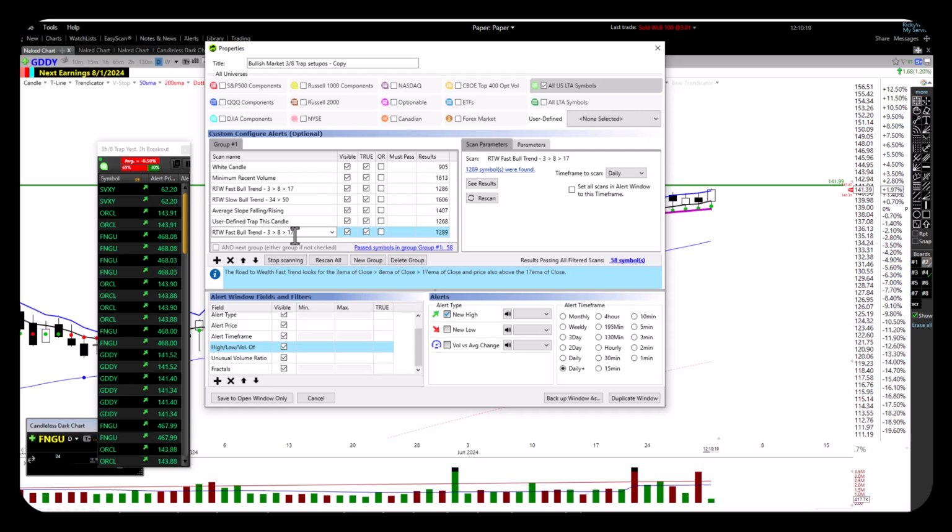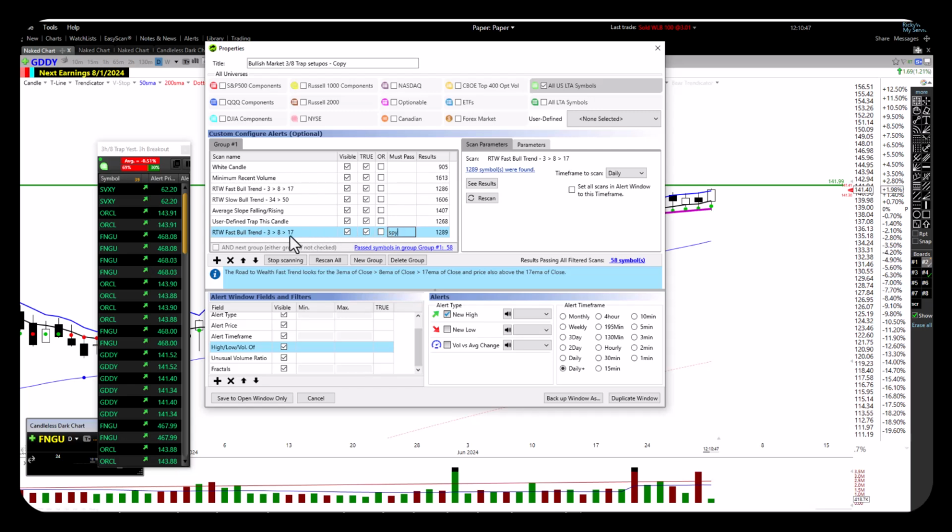Now what I'm going to do is I'm going to say it must pass SPY. Since the SPY is my chart of choice, that is my number one index that I follow. Now, I certainly follow the QQQs and the Diamonds and IWM and all that. But if I had just one, it would be the SPY.